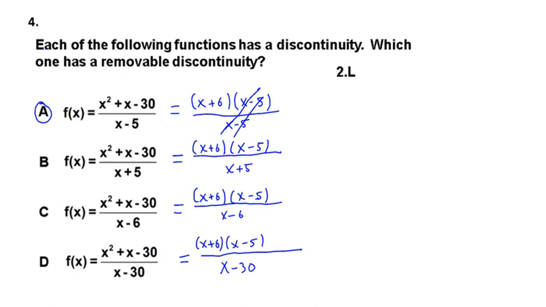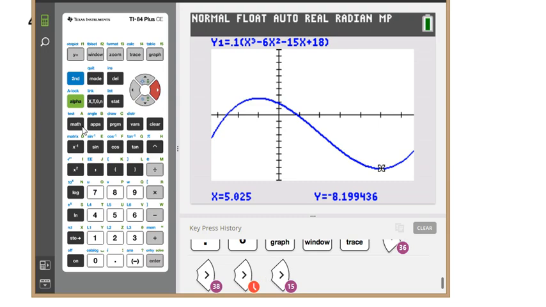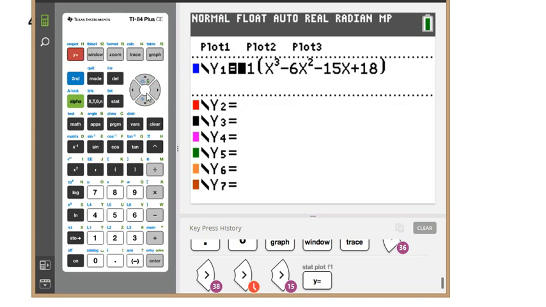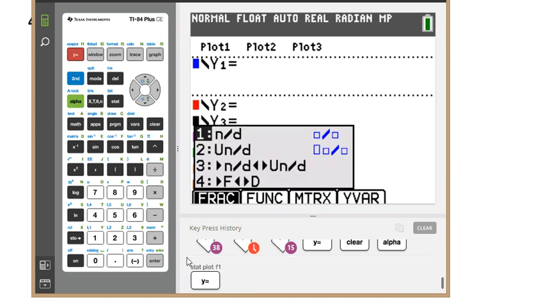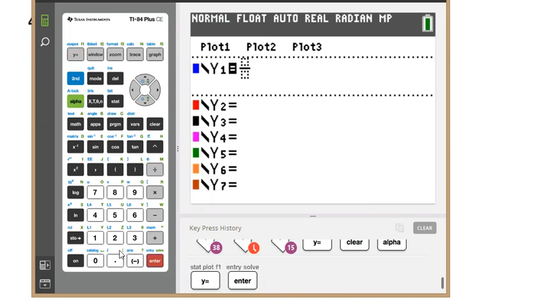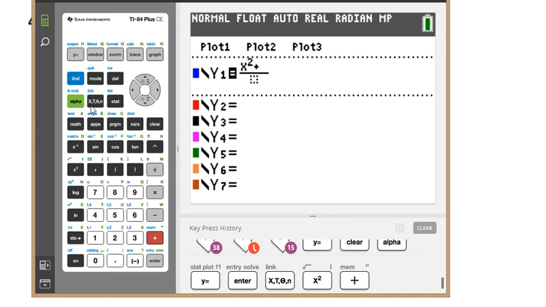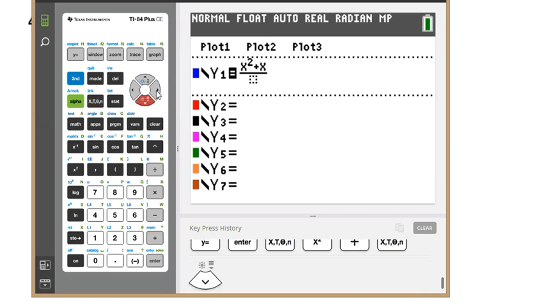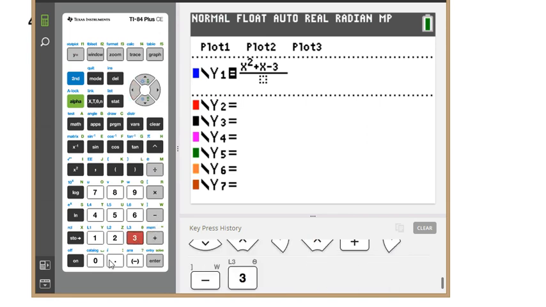And to graph this function, we go to our calculator and clear that. Go to alpha, y equals, enter. I'm going to put in x squared plus x minus 30. Down here we're going to put x minus 5.